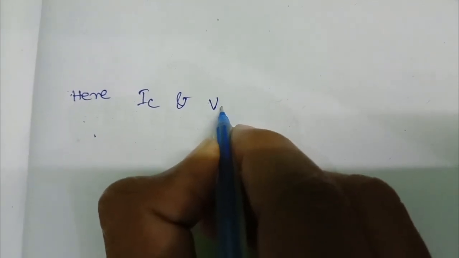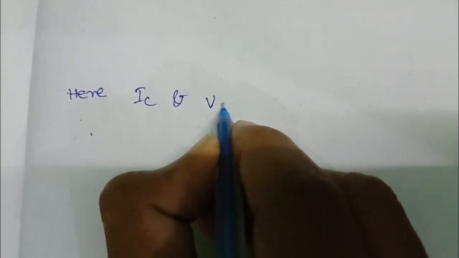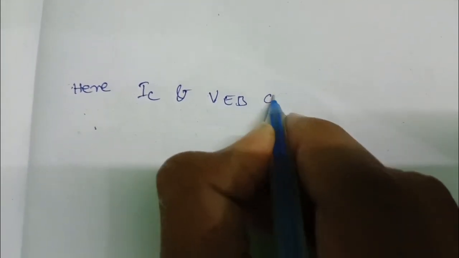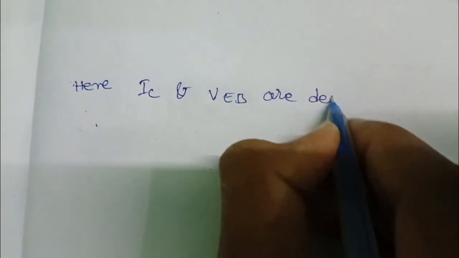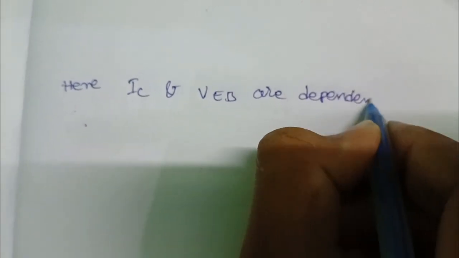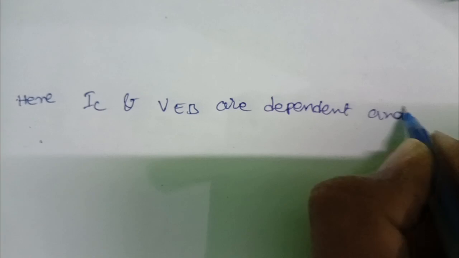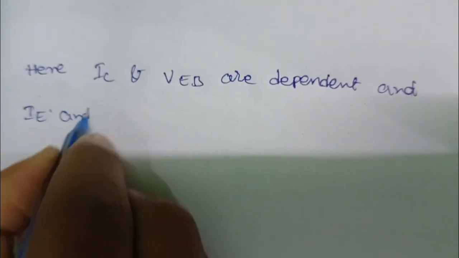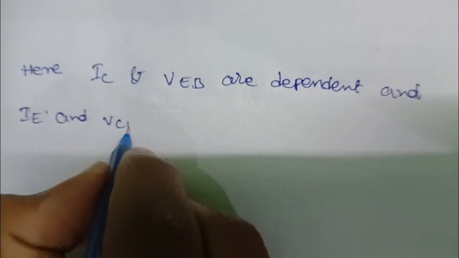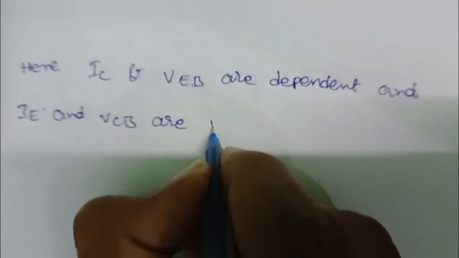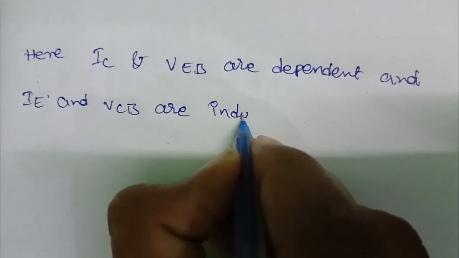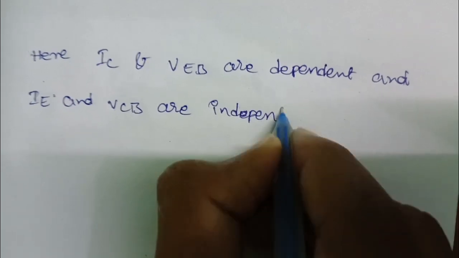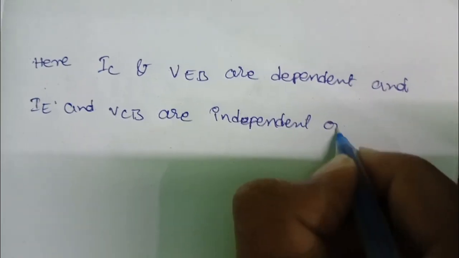The input current and voltage across the emitter and base junction VEB are independent, and IE and VCB are independent of the input current.